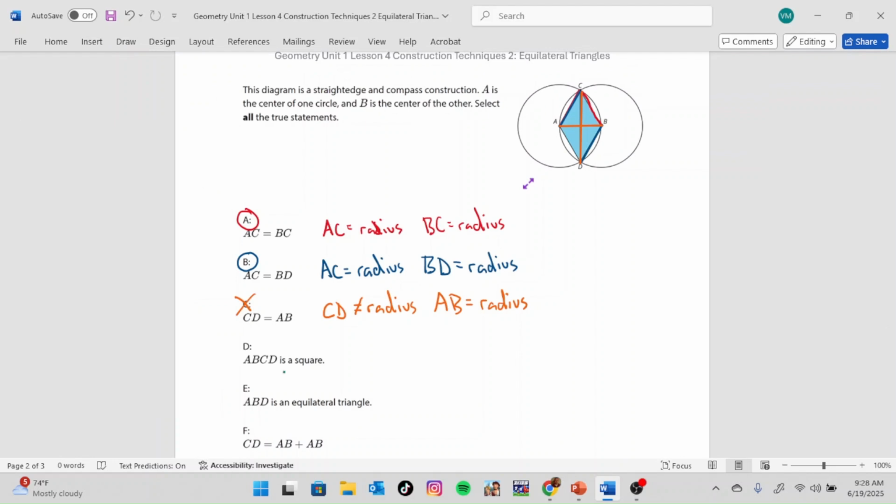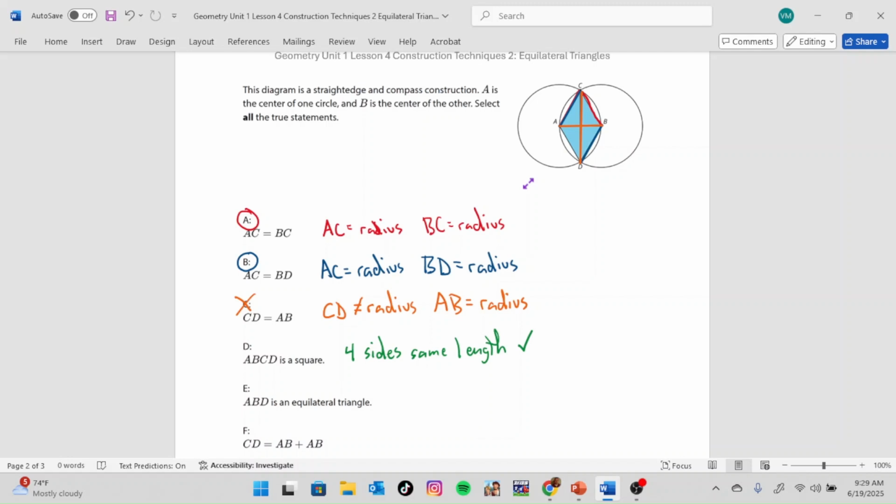Choice D. A, B, C, D, which is the blue shaded region, is a square. A square requires two things. It needs to have four sides that are all the same length. Four sides, same length.